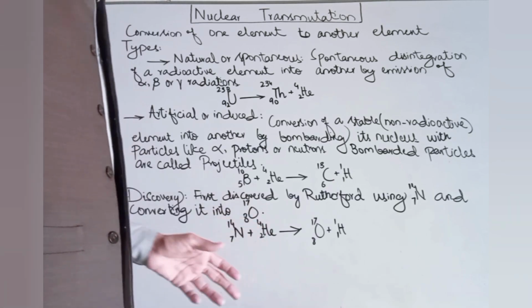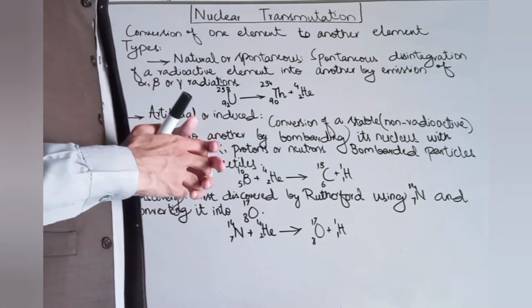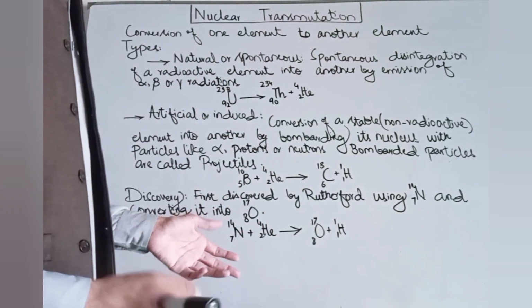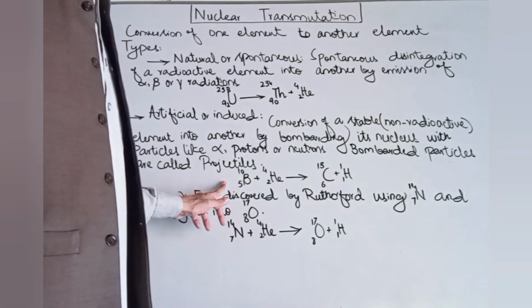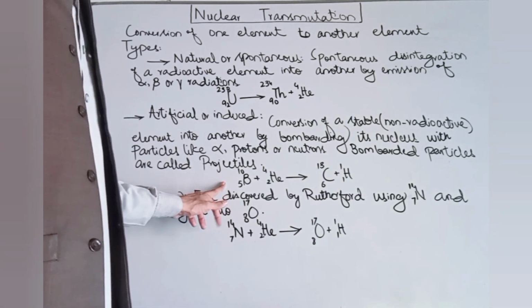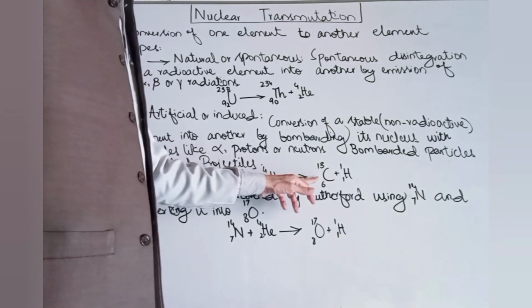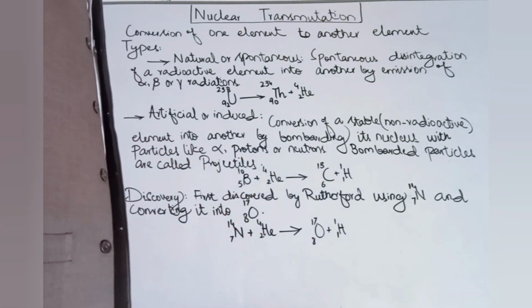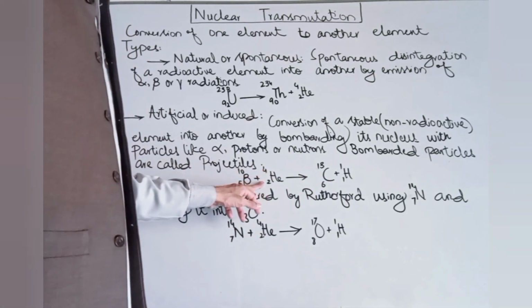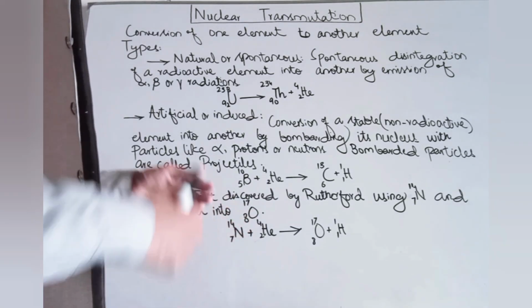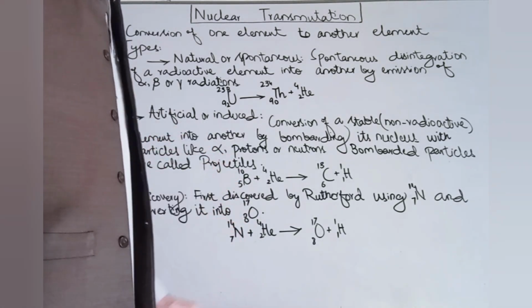After absorbing the alpha particle its nucleus becomes unstable, and in order to become stable again it disintegrates with the emission of a proton, and a carbon-13 nucleus is formed, and this alpha particle, or helium-4, is known as the projectile.